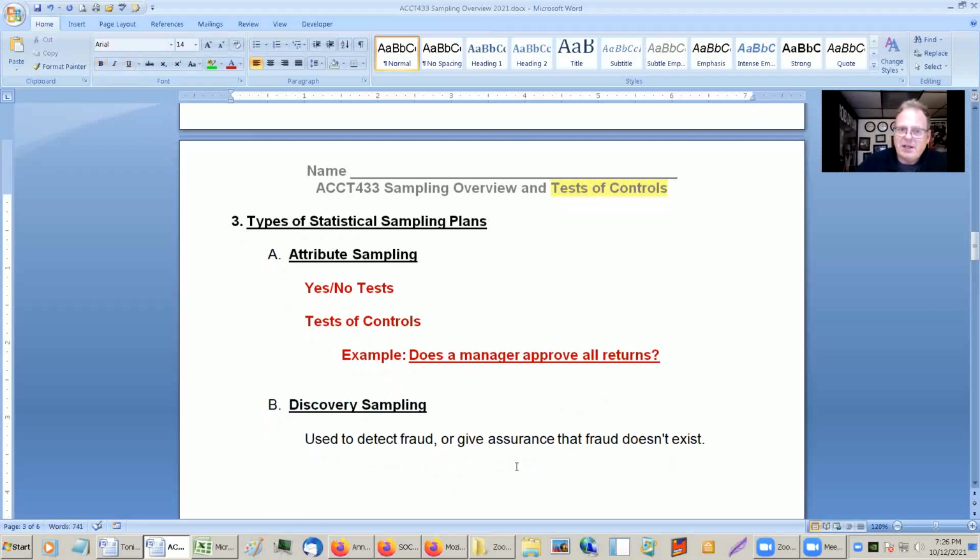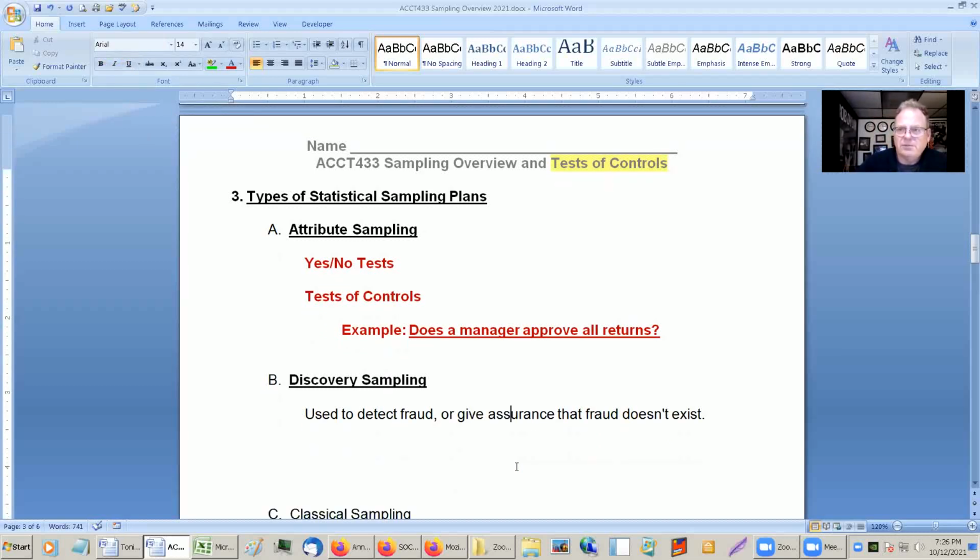For instance, let's say you get a tip that someone's fraudulently reducing the invoices sent to certain customers or something like that. There's usually some reason for it. And what you do is you take a sample and you keep going until you hit an exception.